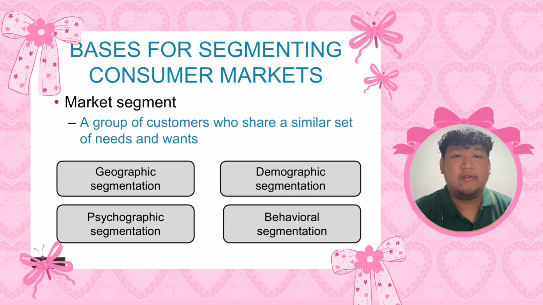Next is psychographic segmentation, understanding consumer lifestyles, values, and personal traits. The last one is behavioral segmentation, grouping consumers based on their knowledge, attitude, or usage of a product. Each of these segmentation methods helps businesses create more personalized and effective marketing strategies.